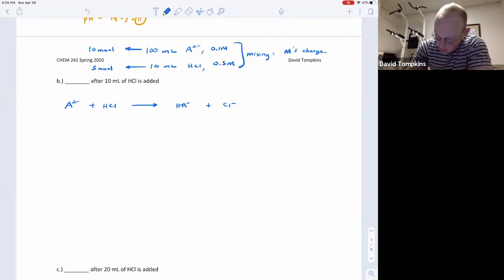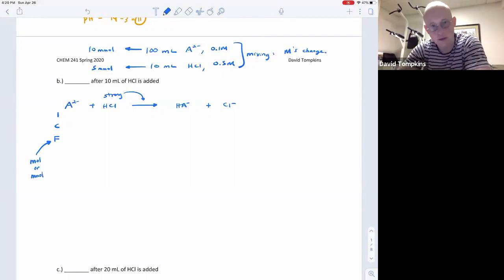And because now this is strong, it's a one-way arrow, which changes the table fundamentally from ICE to ICF. And in an ICF table, it's best to use moles or millimoles, because these are usually titration type problems where you are mixing and the molarities change. So I'll plug in the 10 and 5 millimoles into this table.